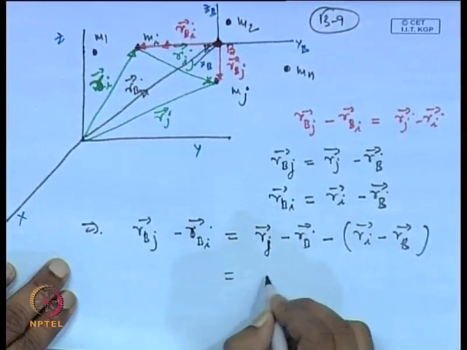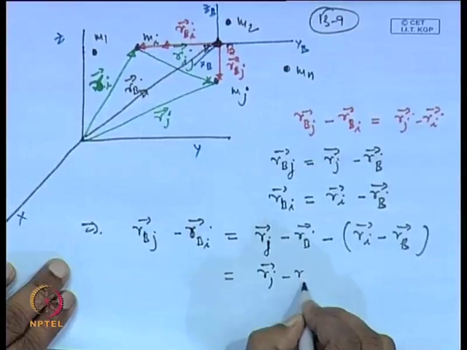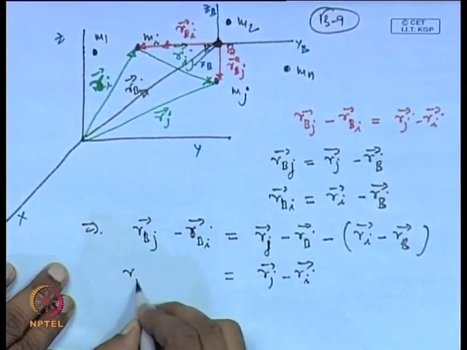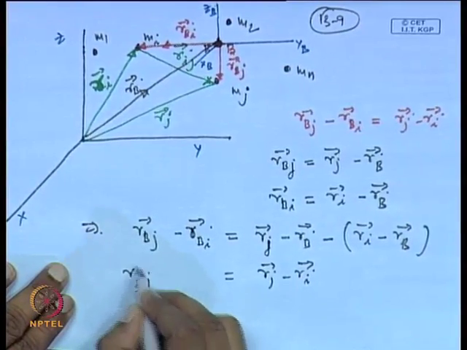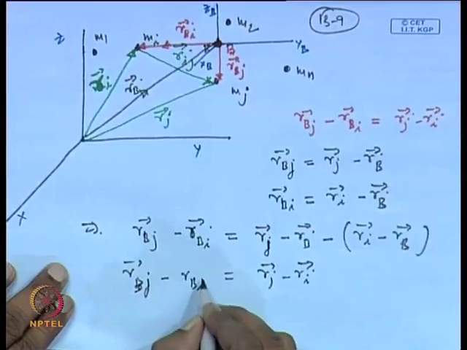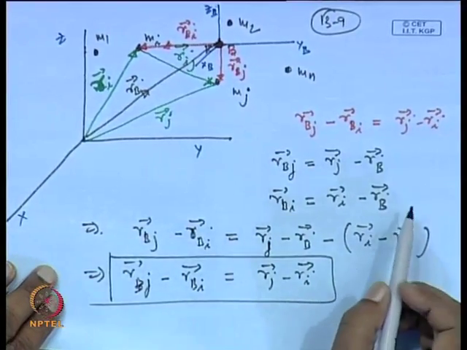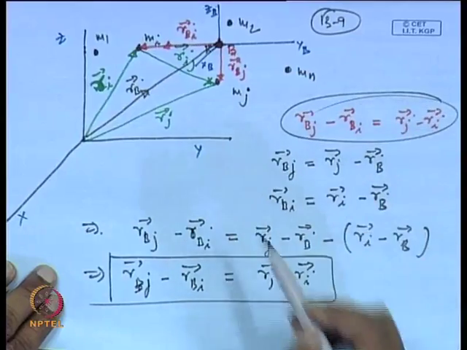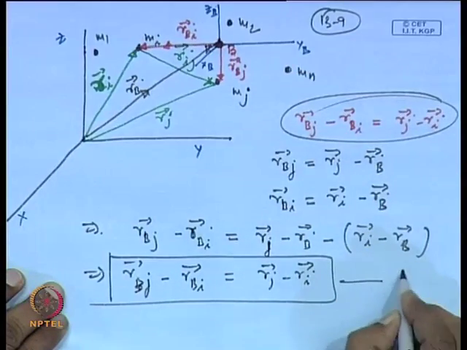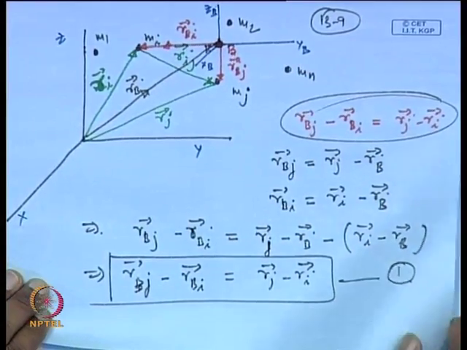Okay. So, this results in r j minus r I. So, r b j minus r b I. Okay. So, the same result we get as we have directly written here. So, this is our equation number 1.